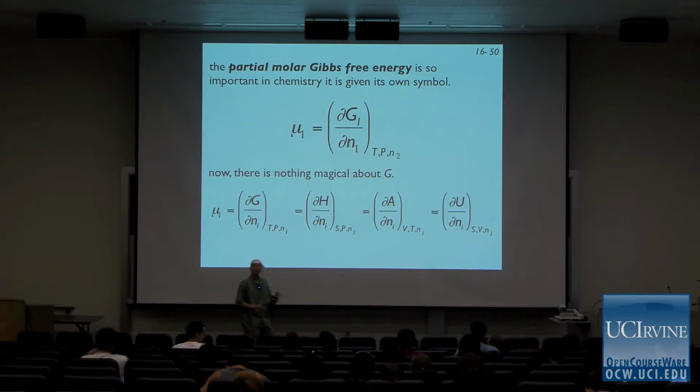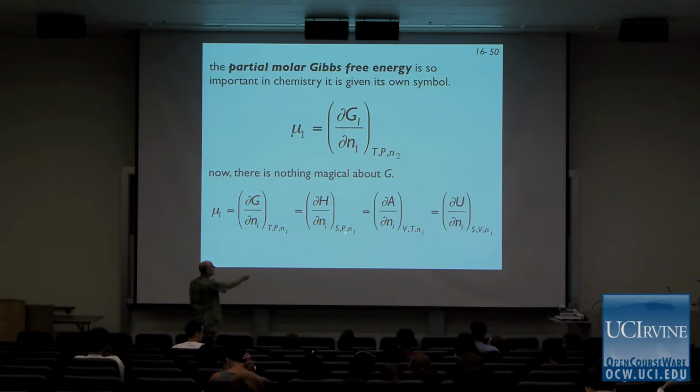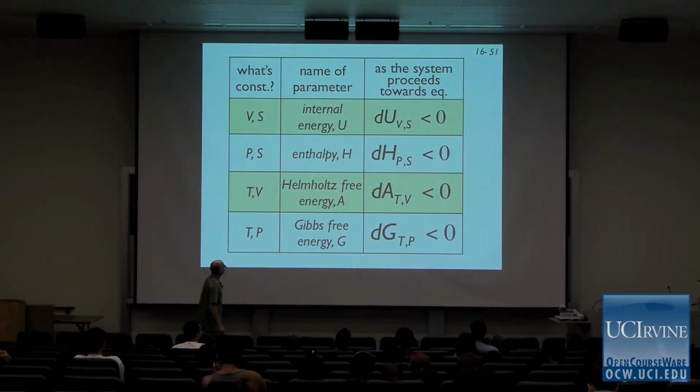It can be defined with respect to any of those parameters if you satisfy these conditions of constant volume and temperature, entropy and pressure, and so on. The number of moles of the other components in the system, other than i, are also held constant when you evaluate this partial derivative.